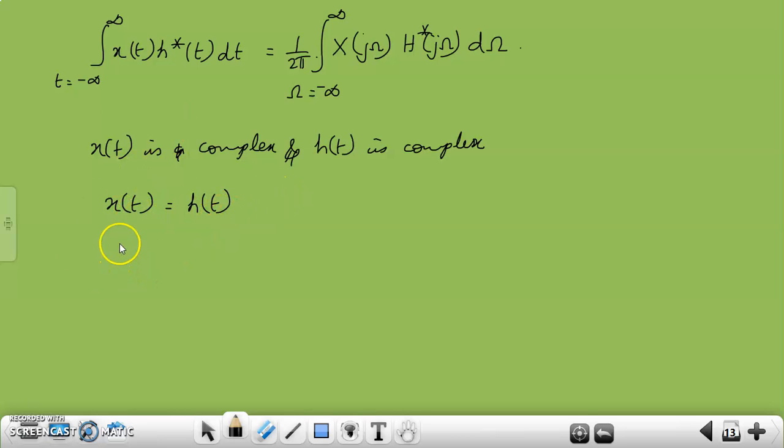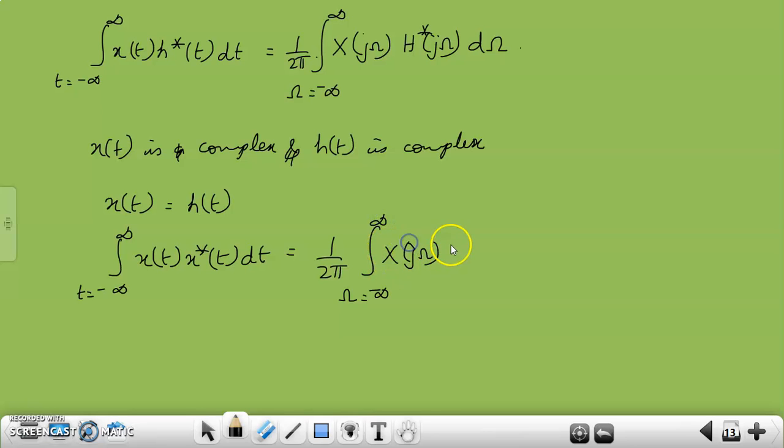So I can write the equation as integral from minus infinity to infinity over t of x of t, h star of t changes to x star of t dt, is equal to 1 by 2 pi integral over omega from minus infinity to infinity x of j omega, x star of j omega, d omega.